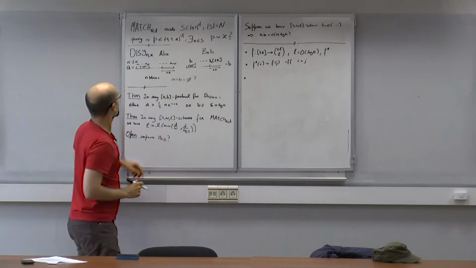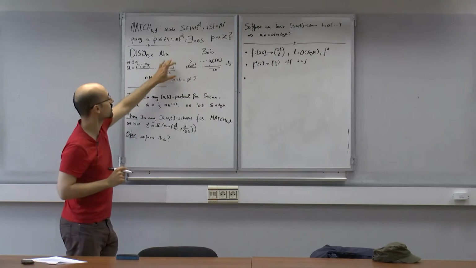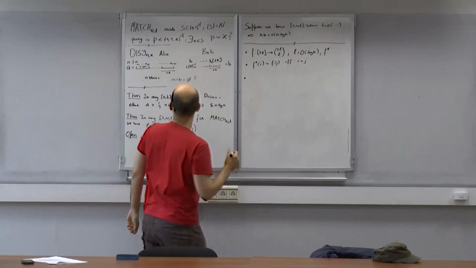So now I'm going to encode Alice's input as a set S, and Bob's input as a pattern P. Here's what I do.